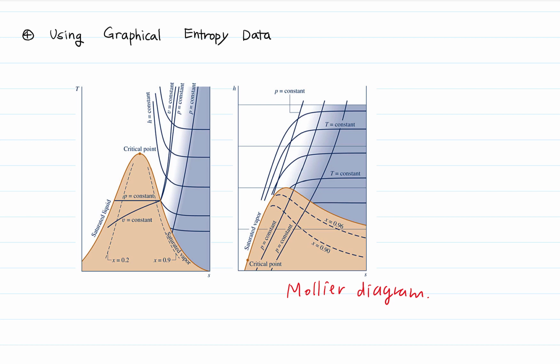On the TS diagram, we have a vapor dome, and this is the saturated liquid line and saturated vapor line. And we have a constant pressure line, another constant pressure line, and a constant enthalpy line.